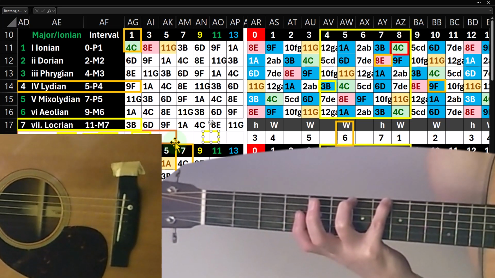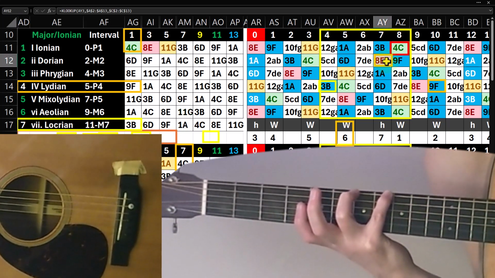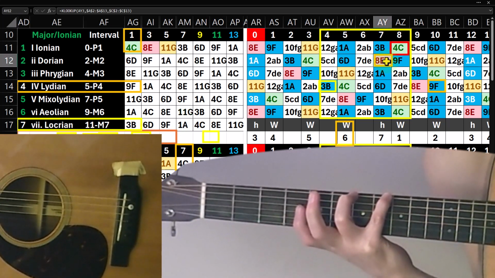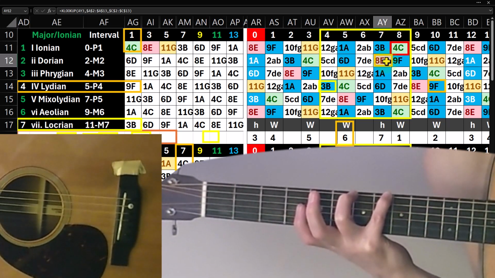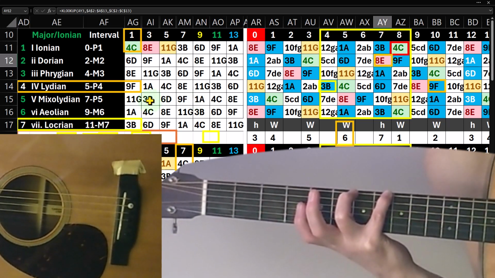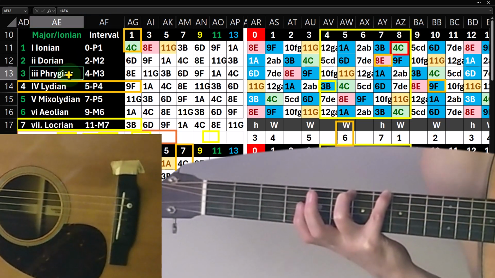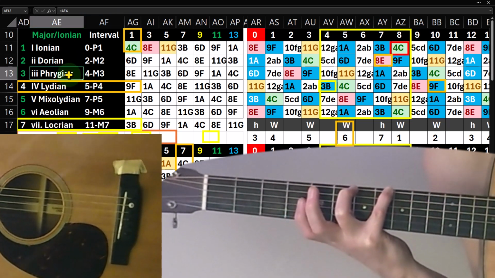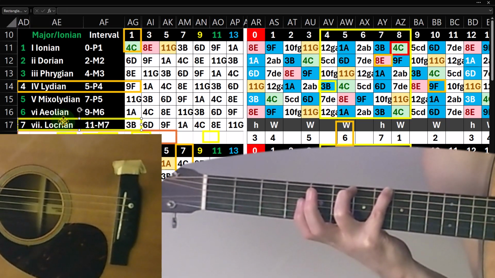What if I looked at it from the perspective of the E, the Phrygian? Well, the Phrygian is 3. I'm going to make it the 1. 3 minus 2 makes it the 1. And I'd do the same for the Locrian, which would be 7 minus 2: 7, 6, 5.